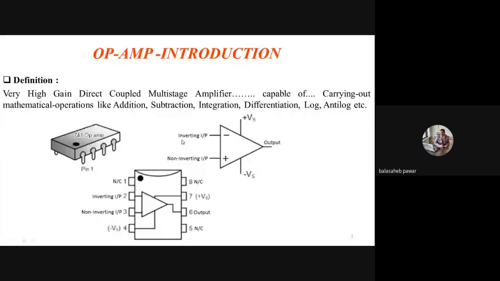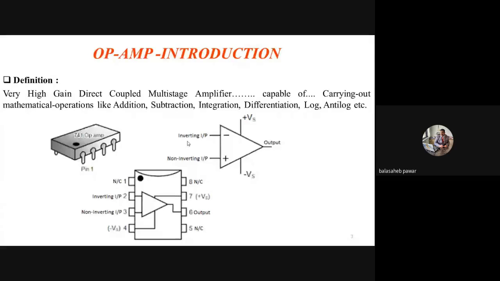If I apply plus 1 volt at the inverting input, my obtained output will be minus something. Why did I say minus something? Because that obtained output will be minus gain times the applied input magnitude, and that is 1. So what happens if we apply the input to the inverting terminal? The obtained output gets inverted, in short. Got it?